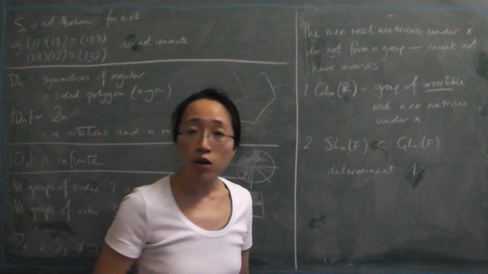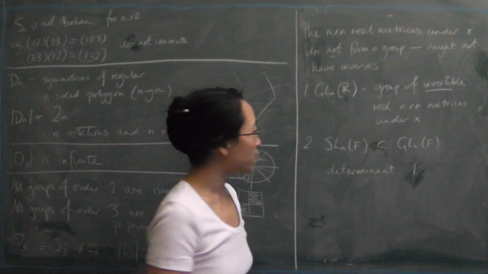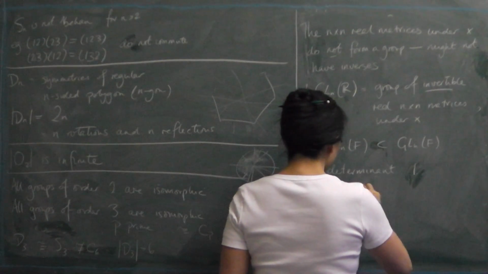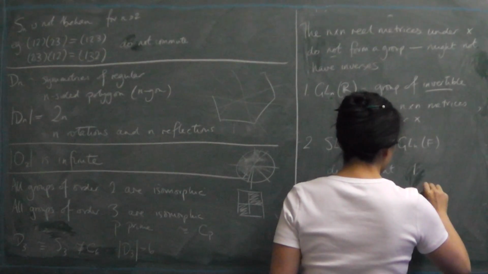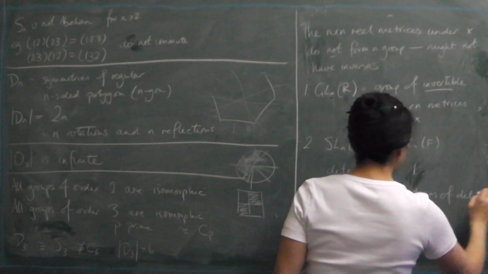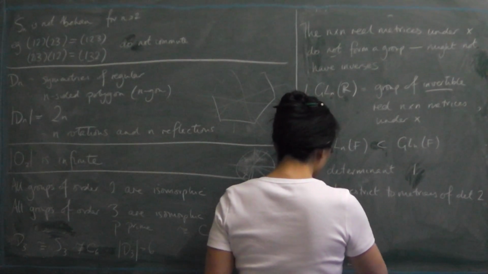The answer is no, we couldn't do that, because if we multiplied them together, they wouldn't still have determinant 2. So we cannot restrict to matrices of determinant 2, since this won't be closed under multiplication.